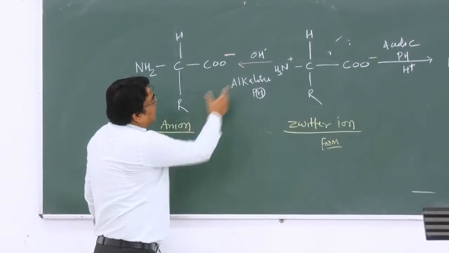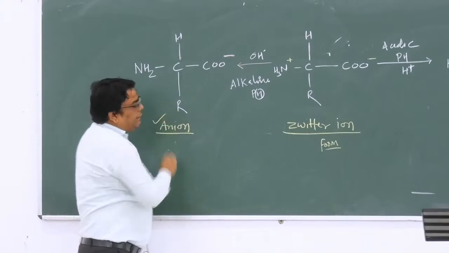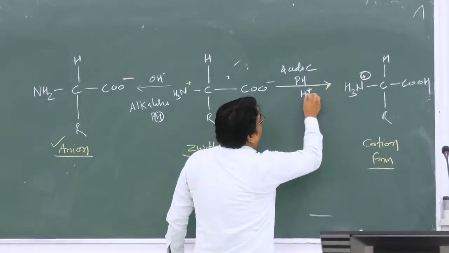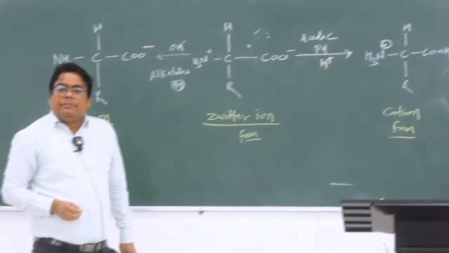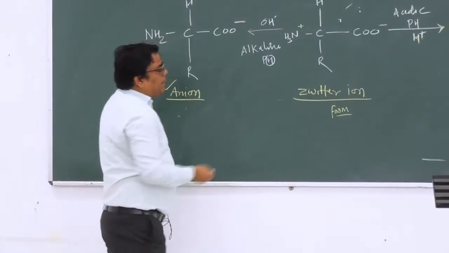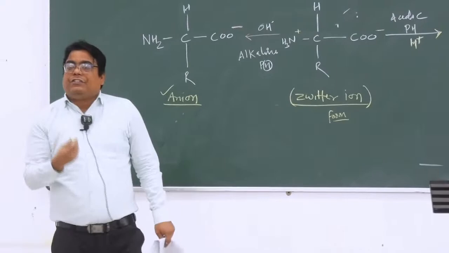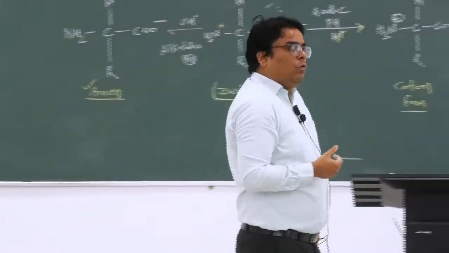It gains a hydroxyl group under anionic conditions, and under cationic conditions it gains H plus ions. At a particular pH, it forms a zwitterion. A zwitterion is the condition of an amino acid where it carries net charge 0.